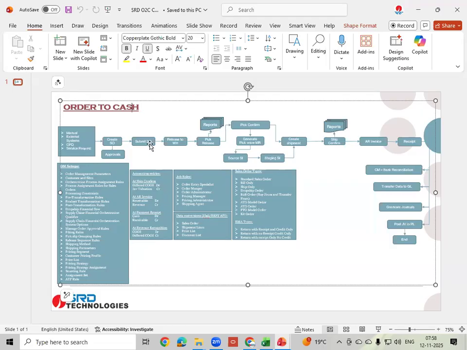Then we'll maintain and submit the sales order here. The sales order is the document, actually.